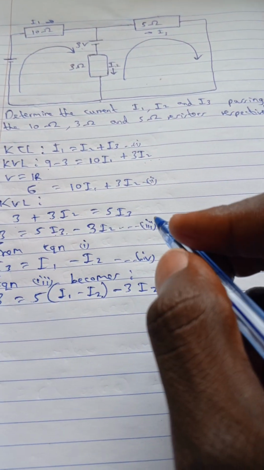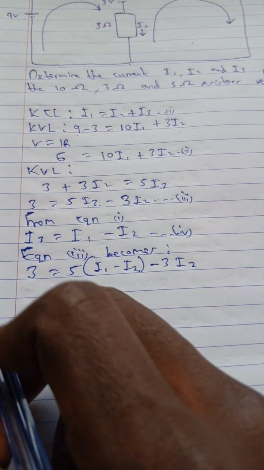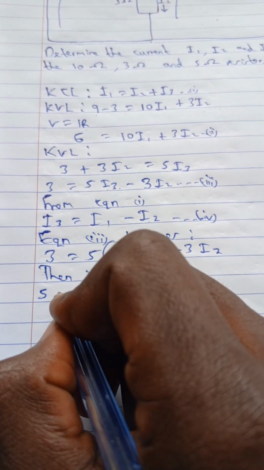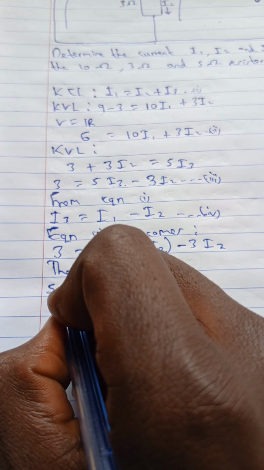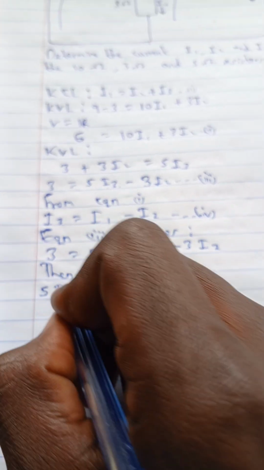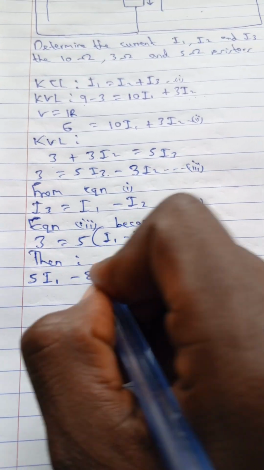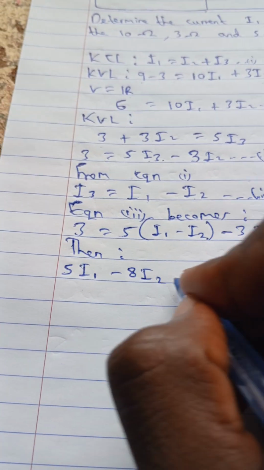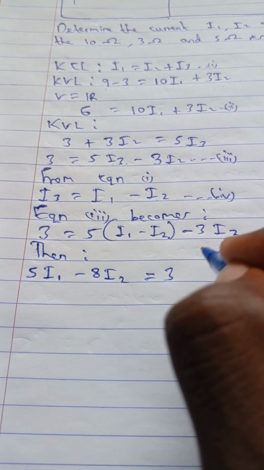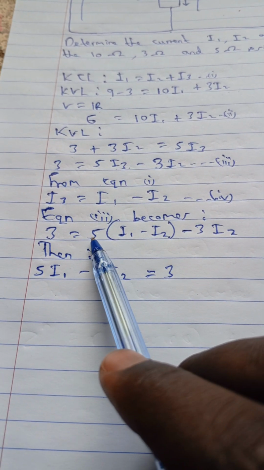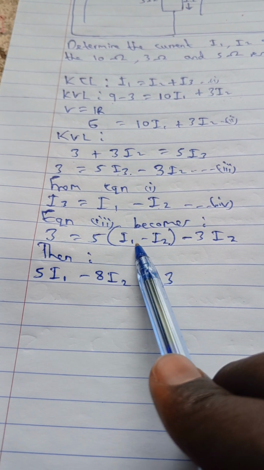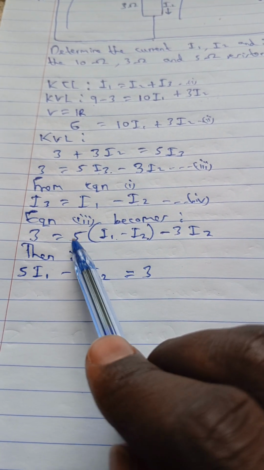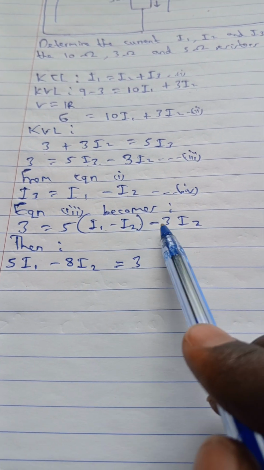Then opening up those brackets, 5I1 minus 8I2. This one should give us 3. The reason is we have opened up the brackets, 5I1, then 5I2 minus 3I2.